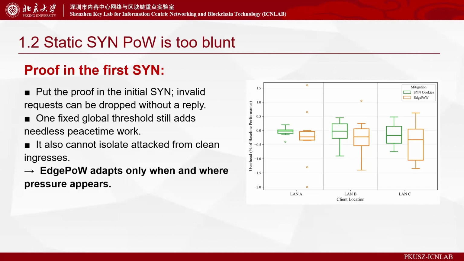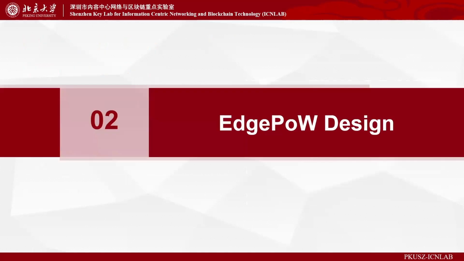The plot shows the design target achieved by EdgePoW, negligible peacetime overhead. EdgePoW addresses these requirements through one adaptive ingress-aware control loop.